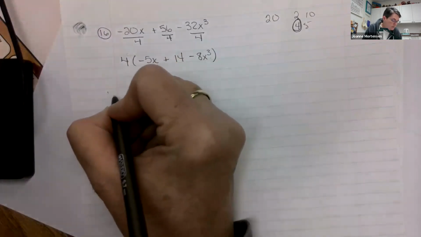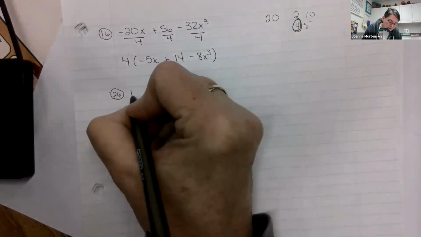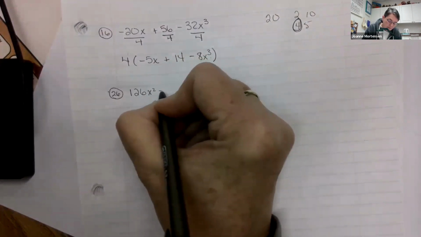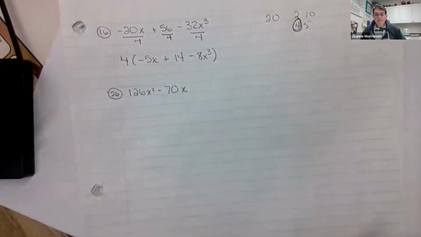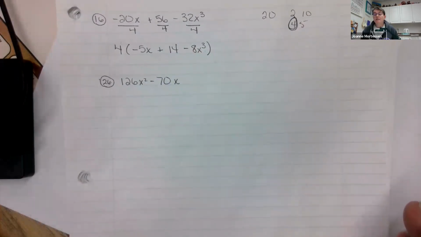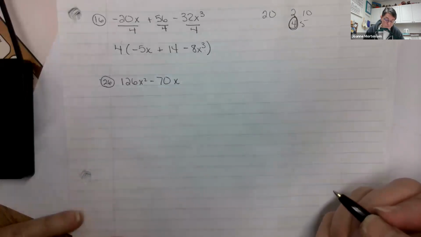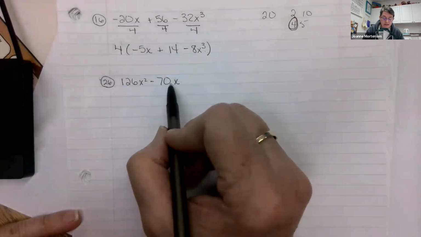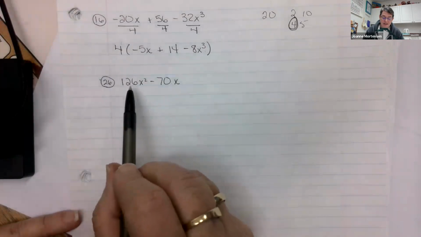Oh, here's one. This is number 26 off that sheet. 126x squared minus 70x. Off the top of my head, I do not know the factors of 126. But I do know that 70 is 7 times 10. 10 is not going to divide into that.